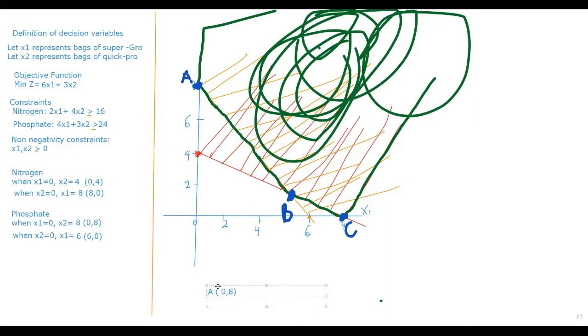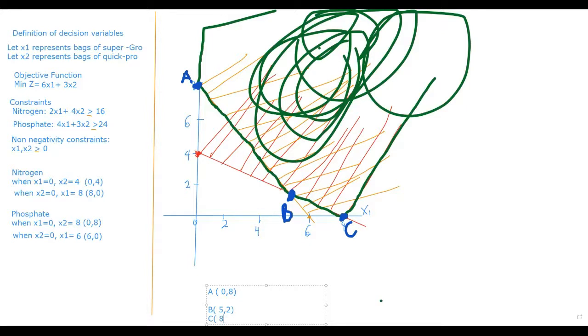B is not drawn to scale, so it will be quite difficult. So let's say you go for 5 and 2 or something like that. Yes, x1 is 5, x2 is 2. Then the C, maybe what you see will be different from mine because it's not drawn to scale, right?